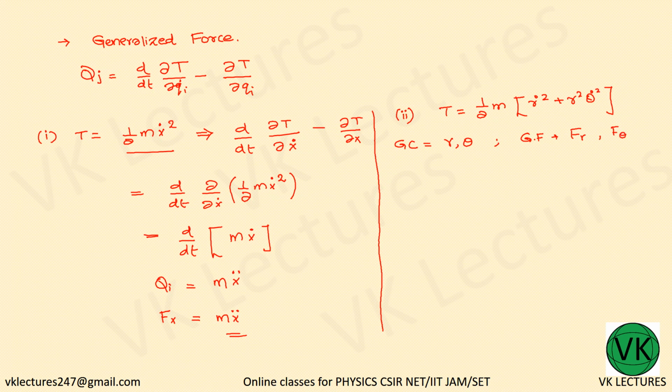So to find Fr, that's equal to d by dt of the partial derivative dou by dou r dot of T minus dou by dou r of T.